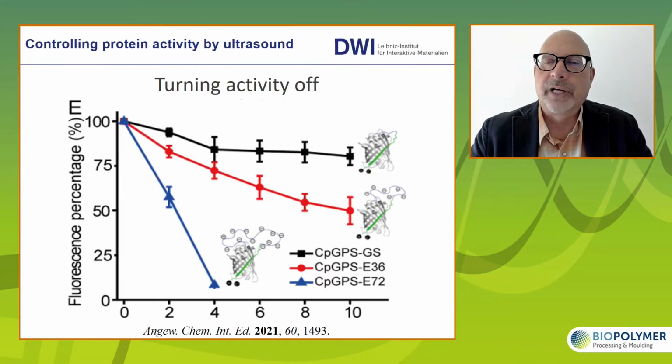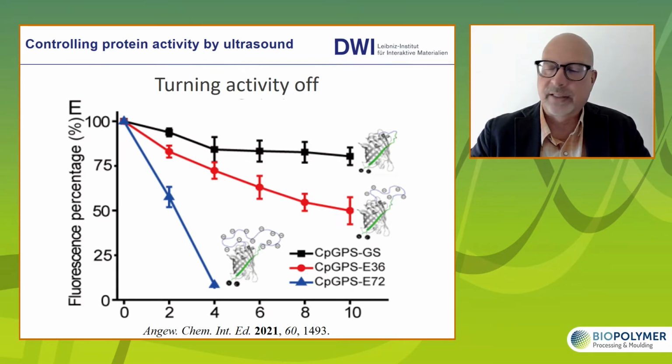However, if we now engineer into the structure a loop with 36 negative charges, then within 10 minutes of ultrasonication, we almost switch off 50% of the fluorescence activity. If we make this loop structure larger, then the protein gets more sensitive towards ultrasound, and then within 4 minutes, we can completely switch off the fluorescent properties of our protein.